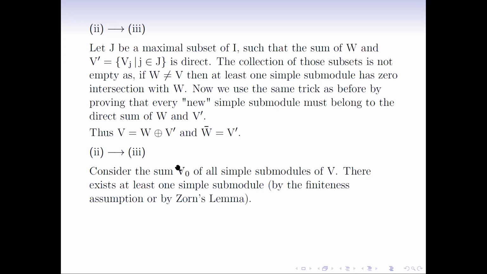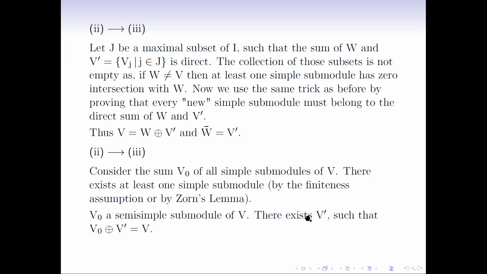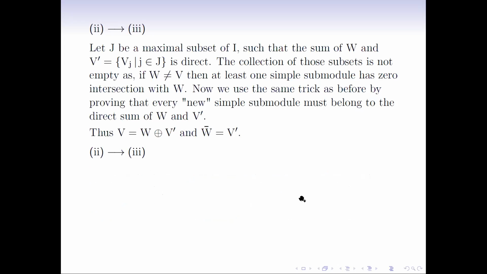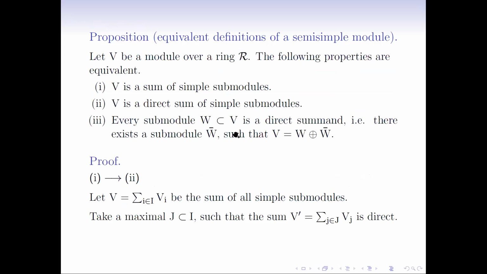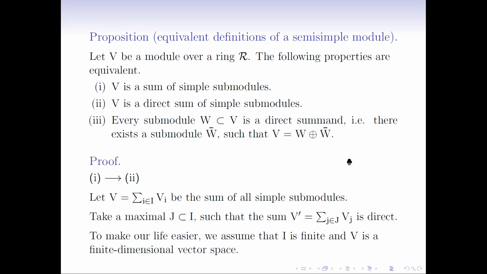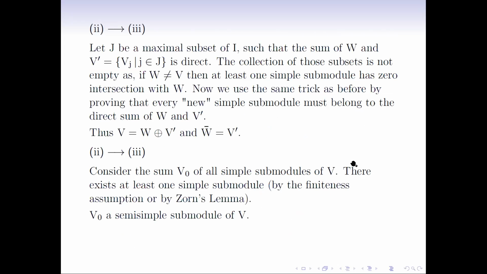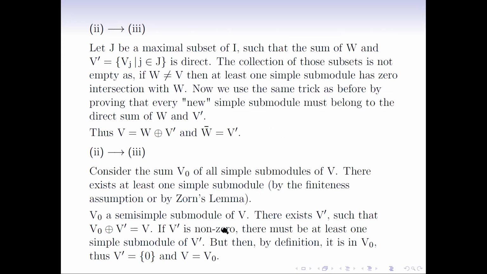Possibly it coincides with the whole V, and that's what we want to prove. V0 is a semi-simple submodule of V. Then by property 3, every submodule has a direct complementary submodule W bar, such that V equals W plus W bar. There exists V prime such that V0 plus V prime equals V.